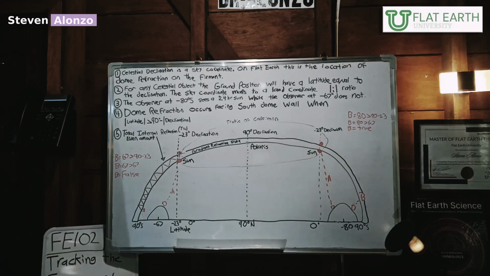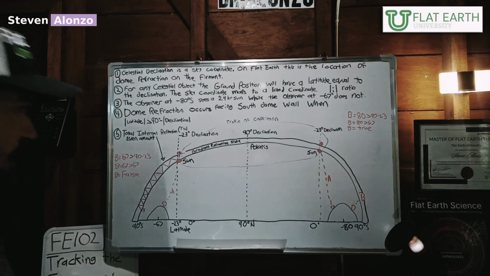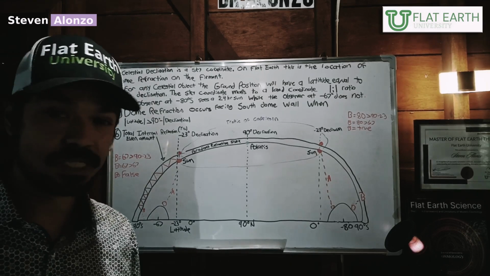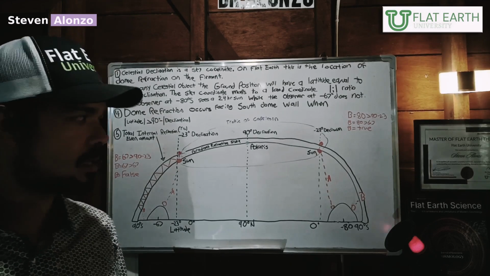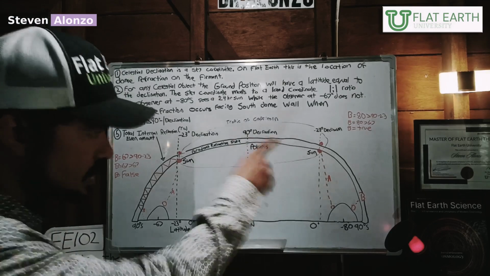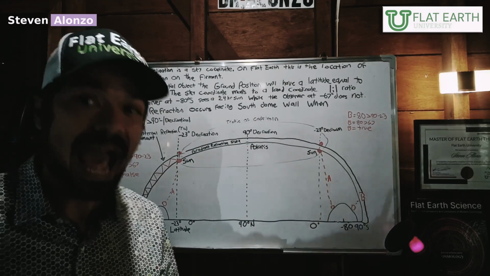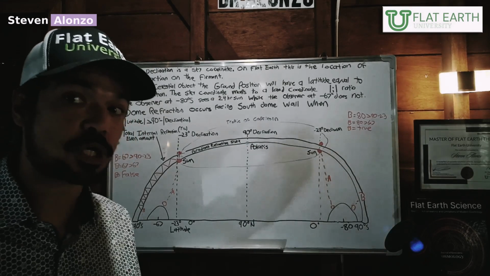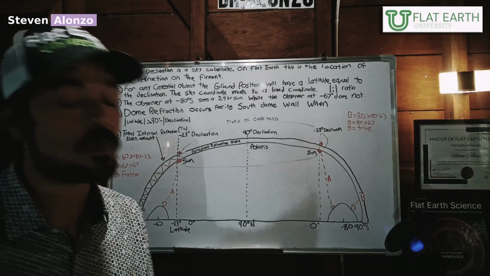Now, I believe that covers everything. I just want to make sure that we got the formula, we got why this happens, we understand the astronomy, you understand declination. That's probably the most important thing. Make sure you understand what declination is, know how we manually determine it ourselves. That's going to be a big one.